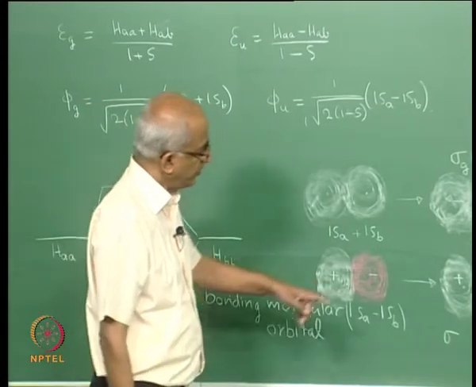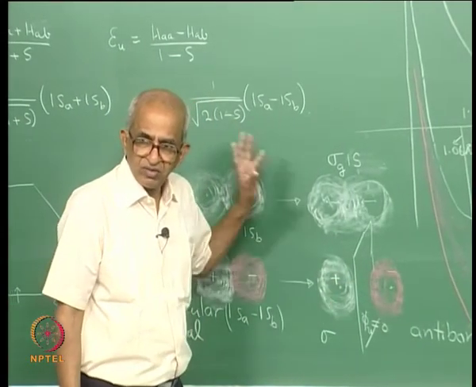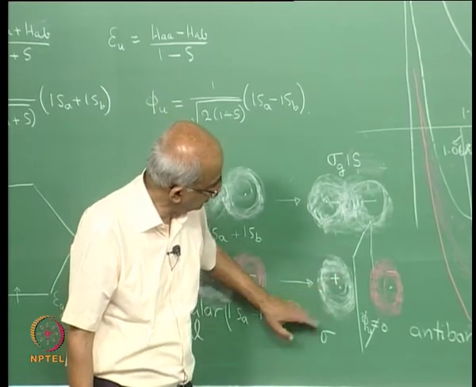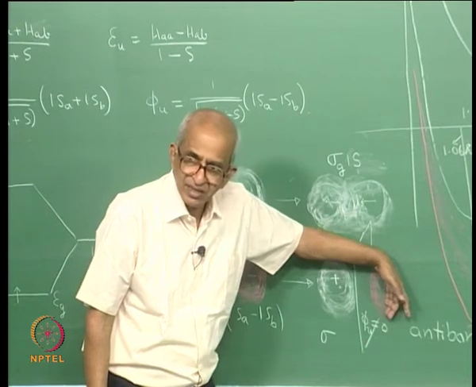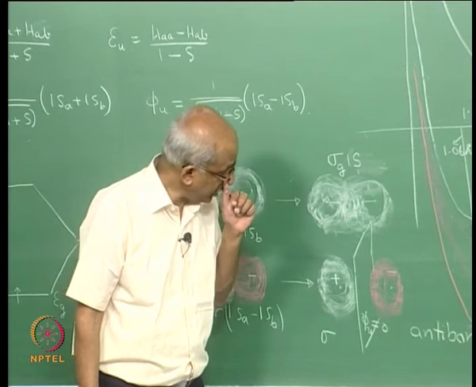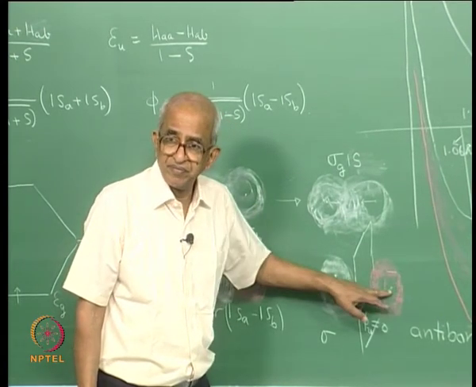Now, suppose we performed the operation of inversion with this orbital, then what you will find is that when you perform the operation of inversion, this positive region will go to the other side and this negative region will come to this side, and therefore, that is actually equivalent to taking the original orbital and multiplying it by -1.